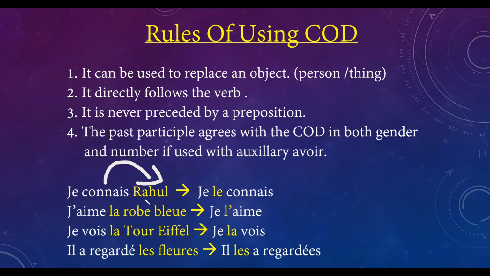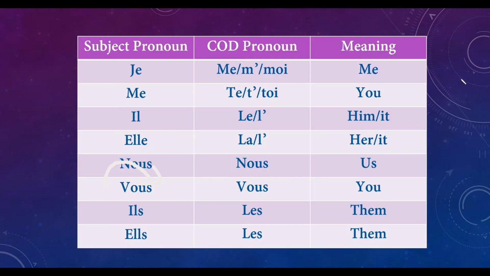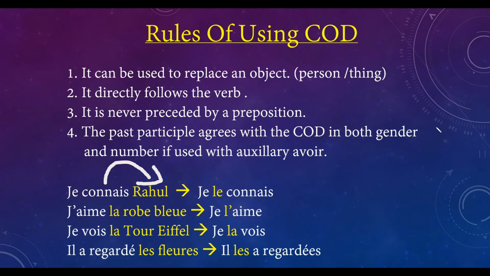So how do we decide what to be used for Rahul? We go back here. Rahul is singular masculine. So we use le. Je connais Rahul, je le connais. It can be used to replace an object, which can be a person or a thing.